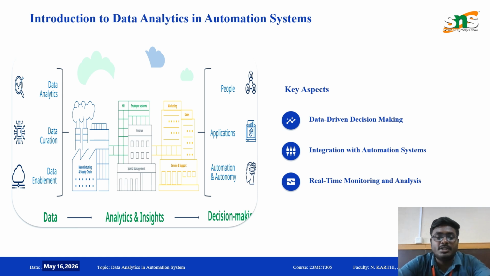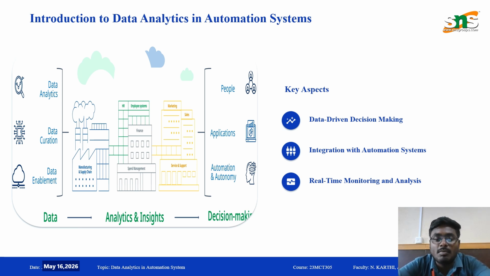So the introduction mainly refers to the systematic use of data to drive smarter decisions in manufacturing environments. The three key aspects you see here are critical. That is data driven decision making, moving from intuition to evidence based choices, and integration with automation systems, that is connecting the sensors, PLCs and SCADAs with the analytic platforms.